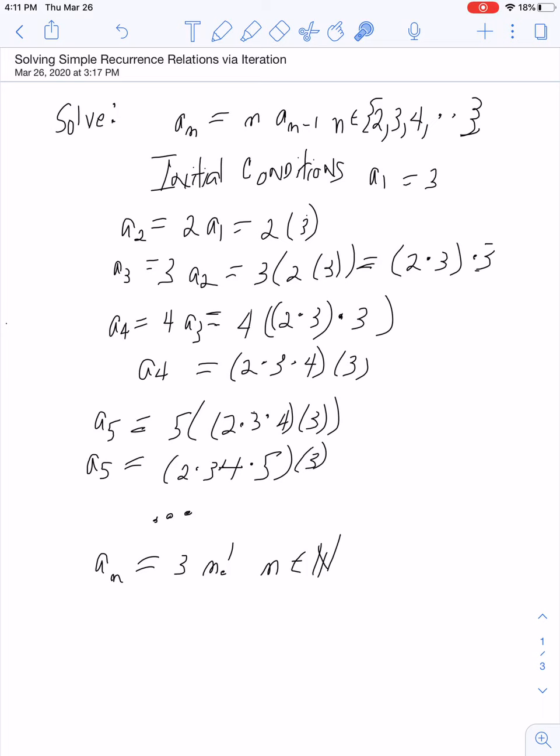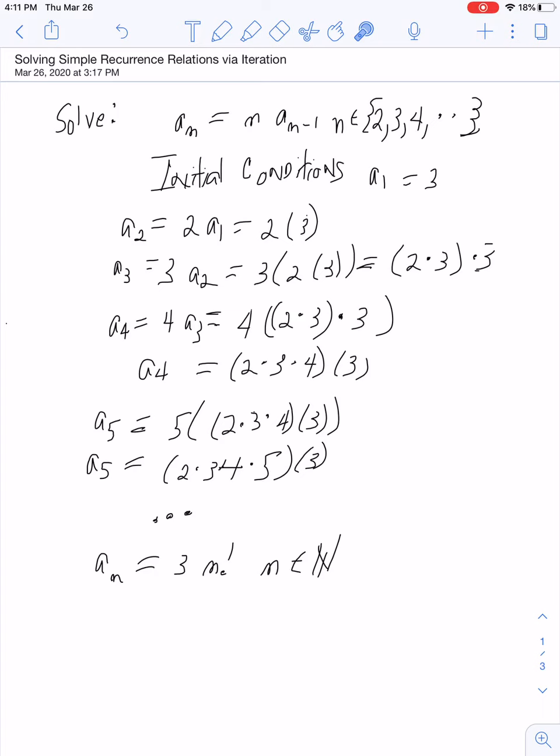Again, I group the terms together that come from the same piece, and so that's 2 times 3 times 4 times 5 times my 3 that's left over. And then I think a sub 5 is 2 times 3 times 4 times 5. What's that? Well, that's 5 factorial times this 3.